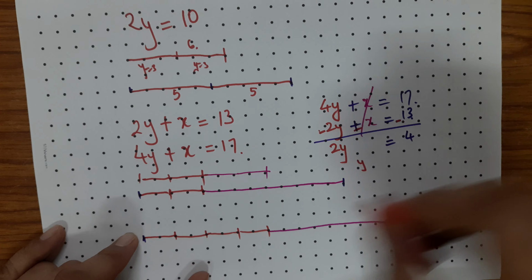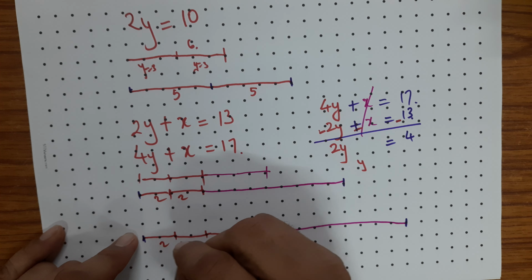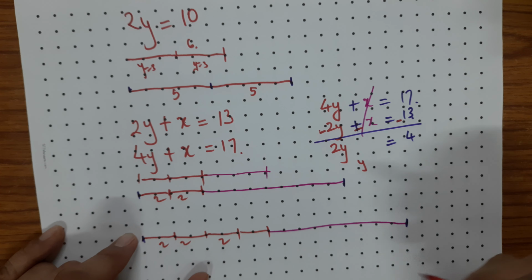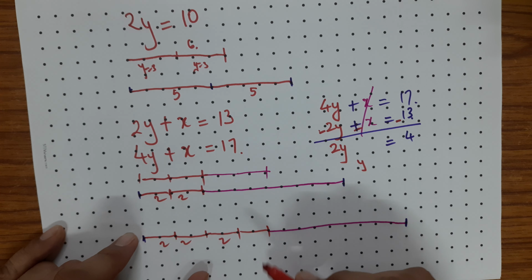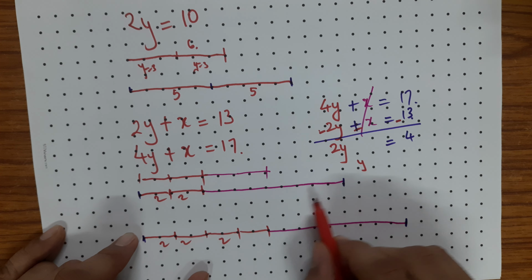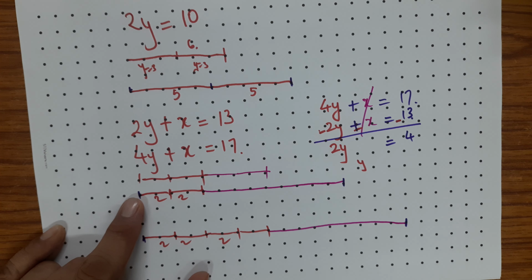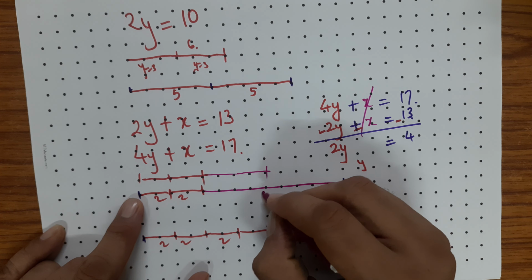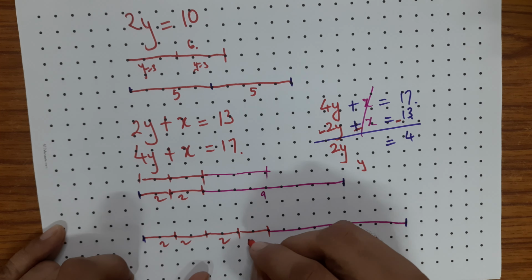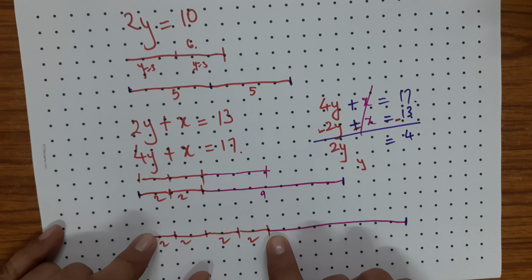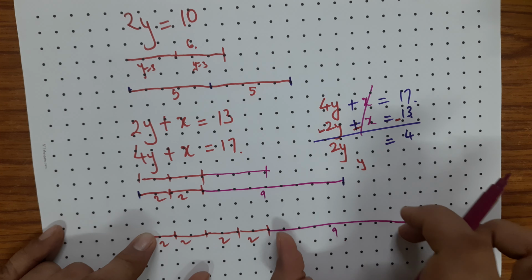So these are all 2's. And now let's check, and when we check our answer, this is what we do. We say, okay, that means x should have been, this was 4 gone, this was 13, 9, right? So what is left is 9. Okay, and this is 8 and 17, this is also 9. So these two are the same.